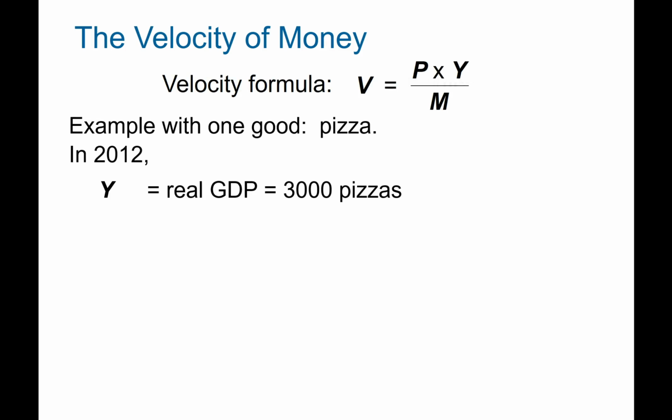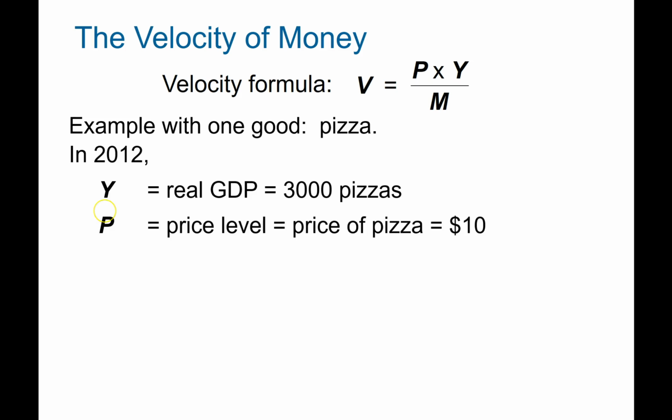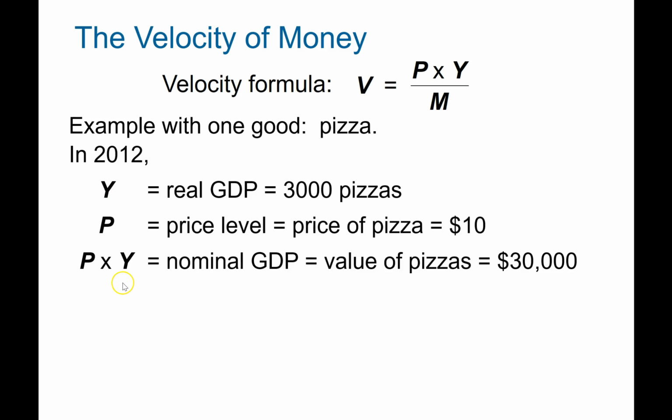So if we take the velocity formula and apply it to an example, we've got a pizza. In 2012, let's say that real GDP was 3,000 pizzas. The price level, or the price of a pizza, because we're going to say that each individual pizza has a price of $10. Then if we put those two together, our nominal GDP is going to be the value of the pizzas, nominal meaning on its face, of $30,000.